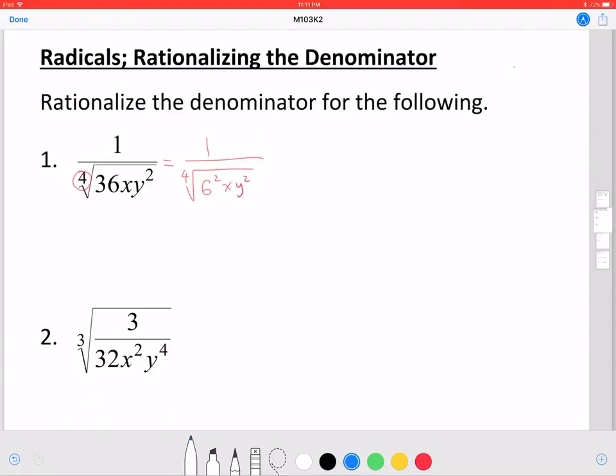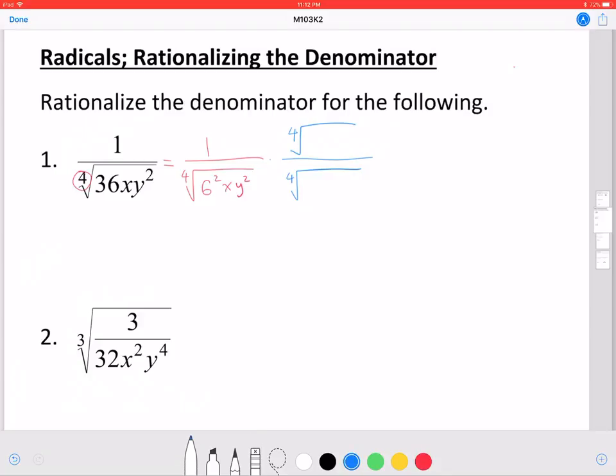The reason I did that is now I'm going to multiply top and bottom. They both have to be the fourth root, since this problem is dealing with fourth root. And what you put at the top and the bottom in that blue must be identical, so that new thing right here that I wrote has a value of 1, meaning I'm not changing the problem.